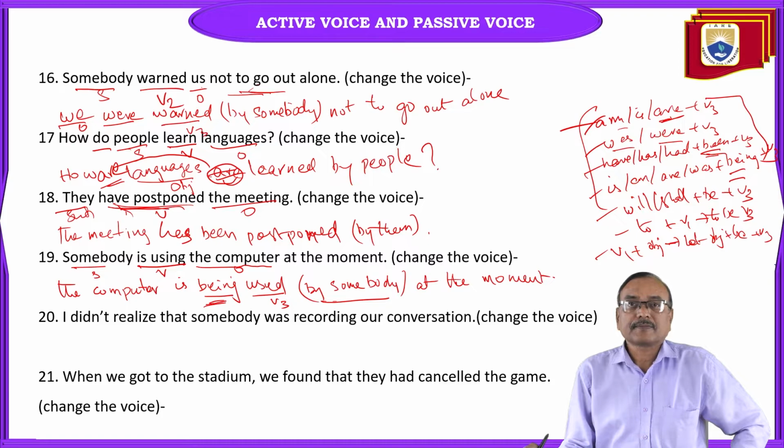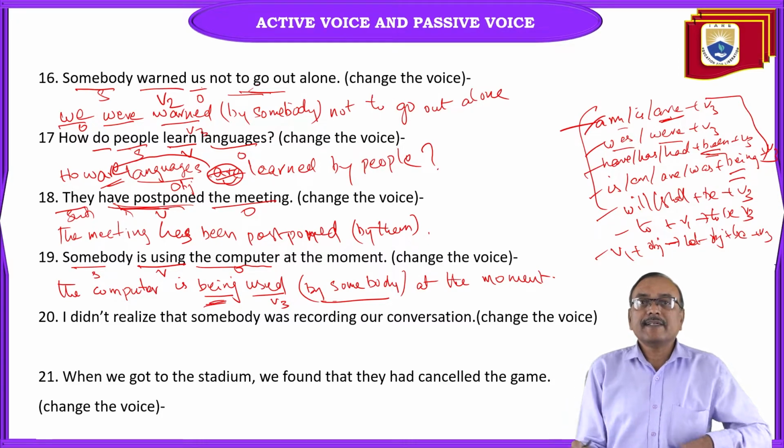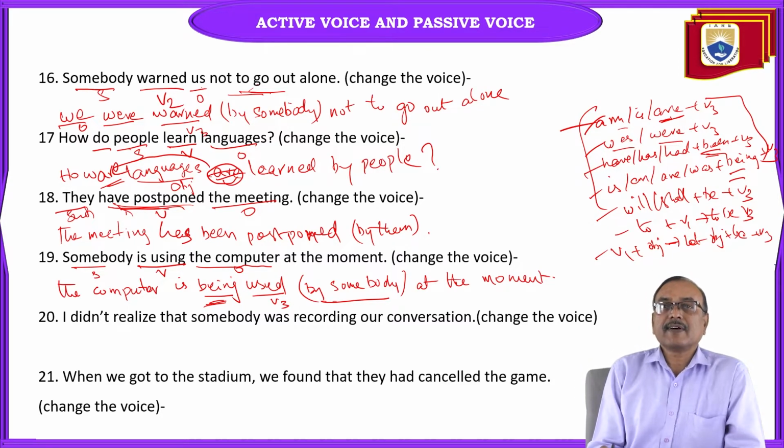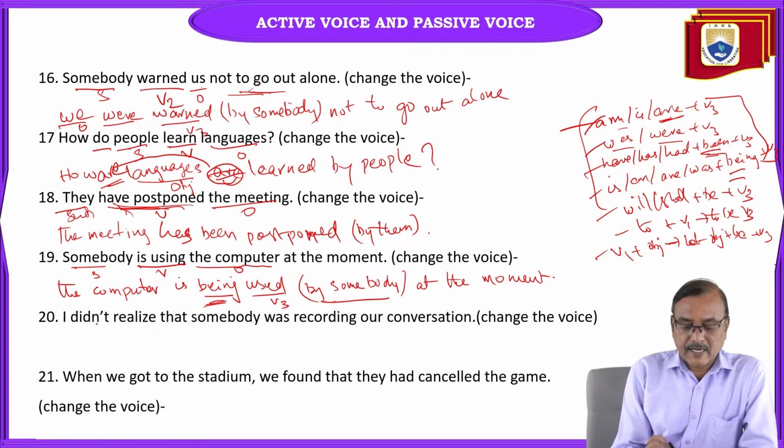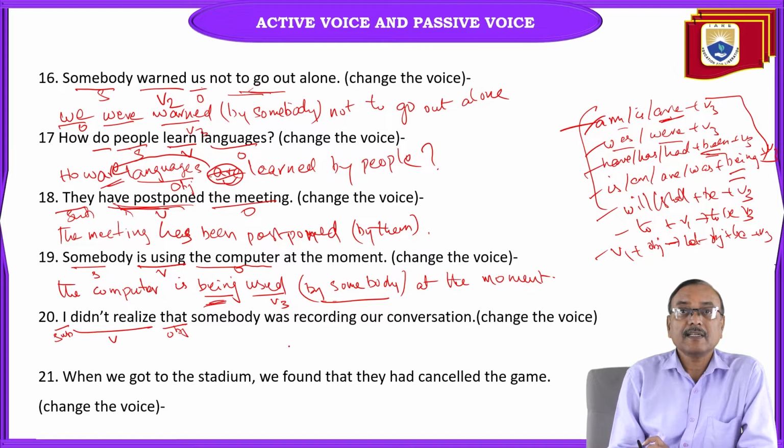Next: I didn't realize that somebody was recording our conversation. So here are two verbs. Didn't realize is a verb, and for this verb the subject is I and this is the object. And again, was recording is the verb, and for this one this is the subject and this is the object.